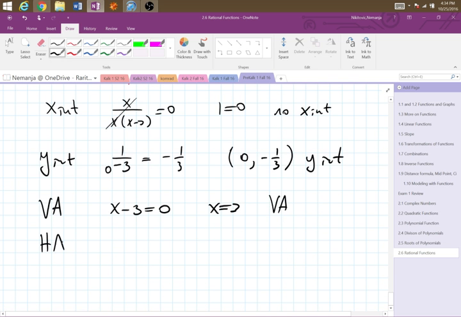And how about the horizontal asymptote? Yes, the denominator has a larger exponent, which means the horizontal asymptote is y equals 0.